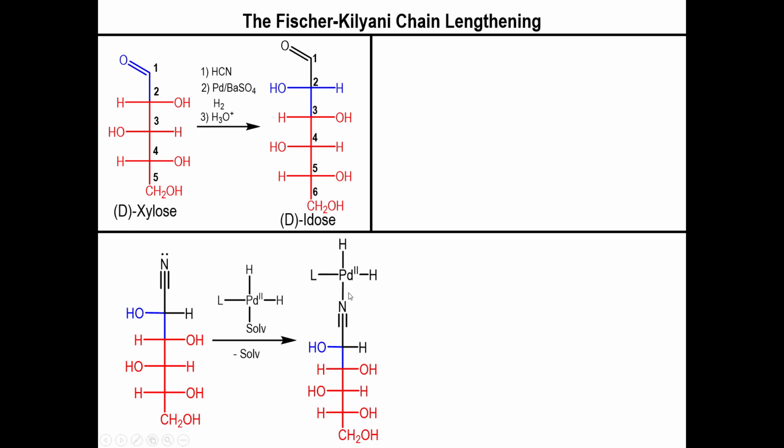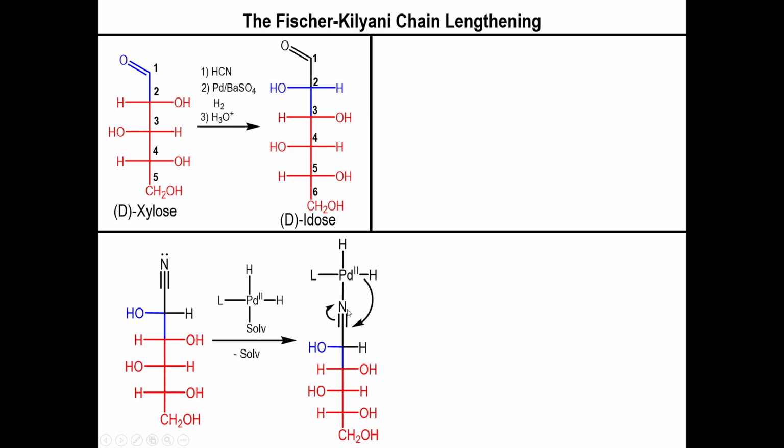And this happens technically in two steps. There's an insertion followed by an addition followed by an elimination. You don't need to know too much about that, but in case you were curious. All right, so once the nitrile binds to your palladium hydride, and you have the two hydrides that used to be H2, one of those hydrides attacks the carbon of your nitrile.